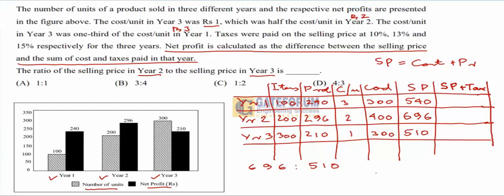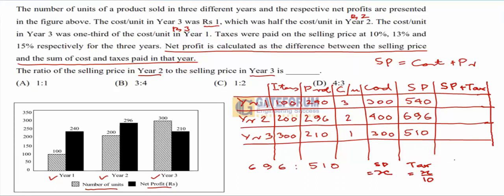So if the selling price is X, then the taxes would be, suppose in the first year, 10% of X. So that is X by 10.